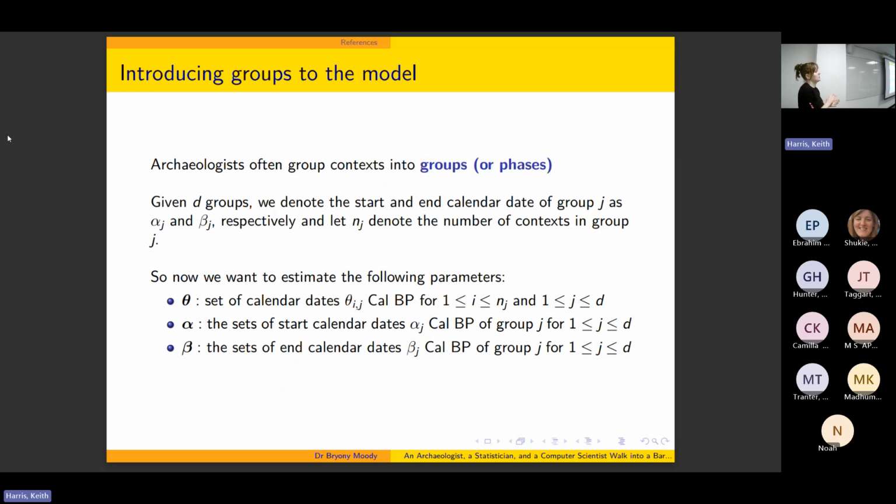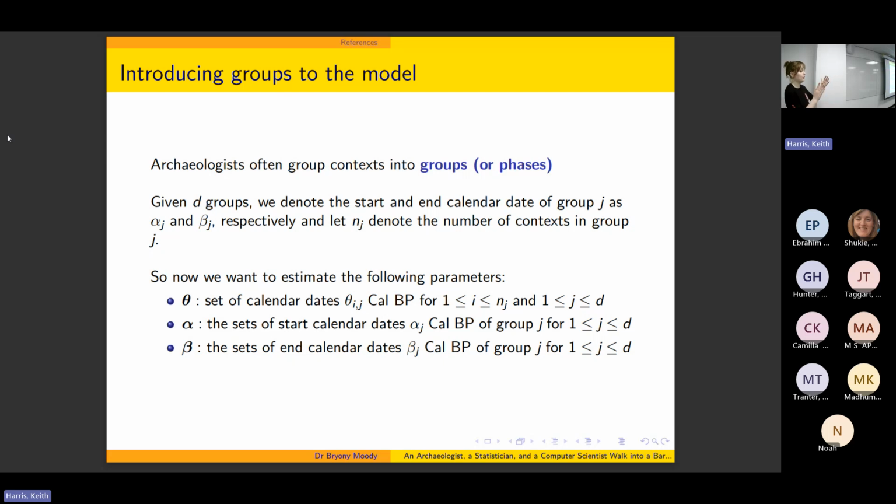So, grouping in the model. Archaeologists tend to group what we call contexts. Contexts are those layers of soil or cuts into the soil, and they can group contexts into what they typically call phases. For example, if you've got lots of samples that are clearly indicative of a particular settlement, and it's very clear from the cultural findings, such as the pottery, that further up this is a different settlement, they would be able to group the first lot into this group and the second lot into that group.